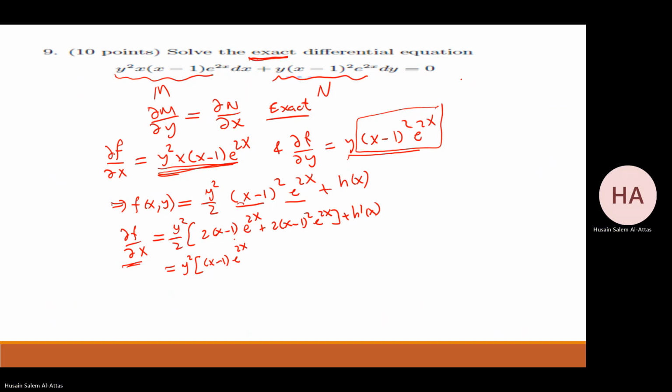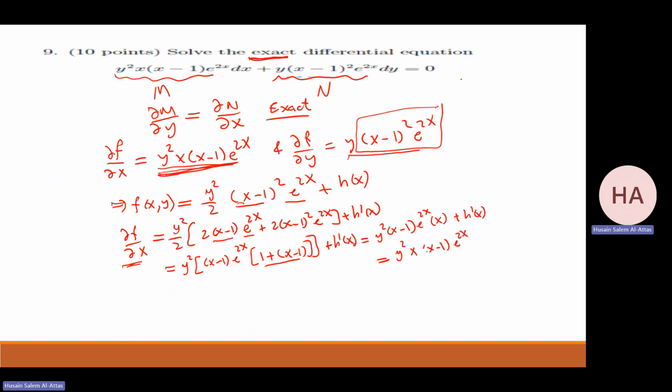If we take it as a common factor, I have 1 plus x minus 1, plus h prime of x. That gives me y squared x minus 1 e to x times x, plus h prime of x. That should equal this one, which is y squared x minus 1 e to x.